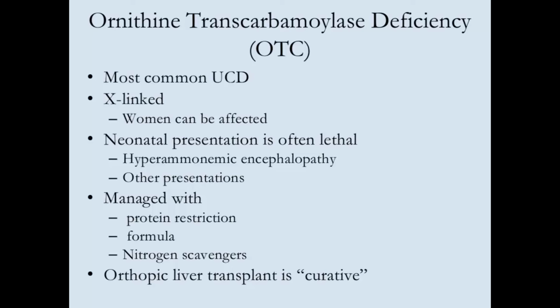So the classic presentation you'll hear is maybe a woman who has essentially been healthy her whole life, but she often gets migraines. She may self-restrict protein, so she'll say that she really doesn't eat beef because it makes her feel ill, and so she's a vegetarian or whatever.